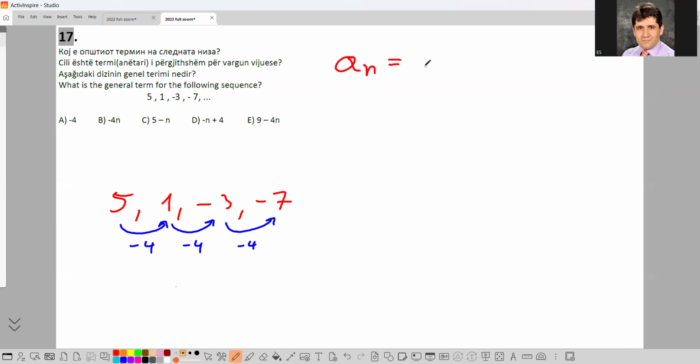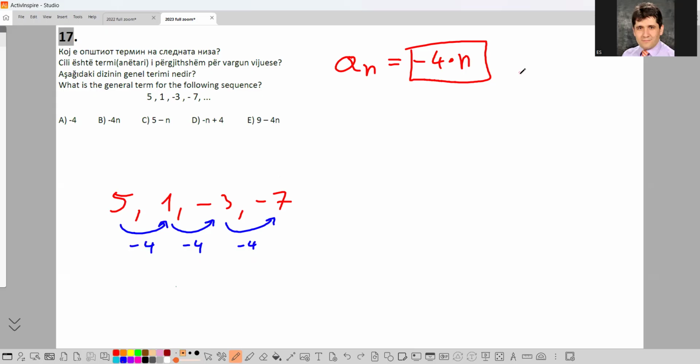That means the general term would have this term in the beginning, -4, times n, the position. And this would be our general term, but we need to maybe add or subtract a constant number, like 2, 3, 4, something. But what will that be?